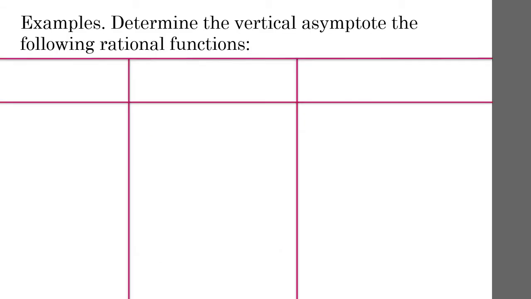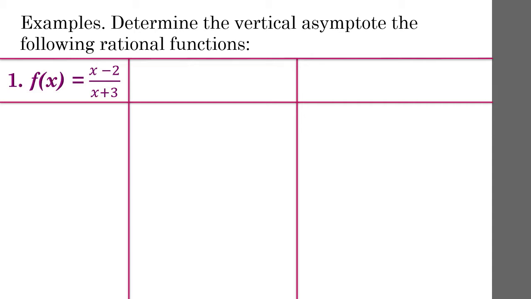Determine the vertical asymptote of the following rational functions. F of x is equal to x minus 2 over x plus 3. So let us determine the vertical asymptote.